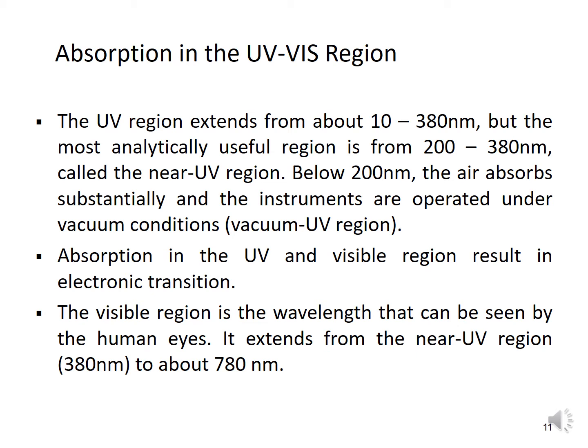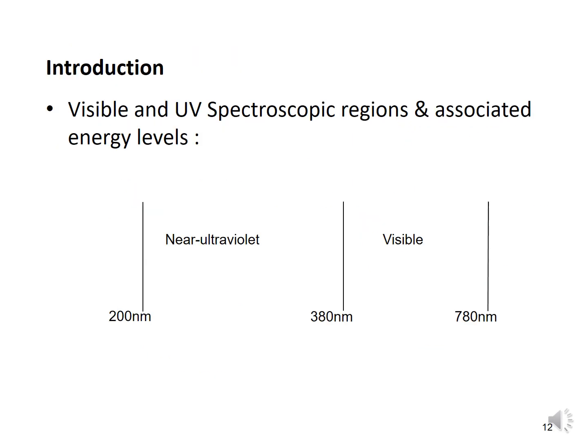We can see colored samples because the solution absorbs and emits a variety of wavelengths, and the visible range is between 380 nanometers and 780 nanometers. So these are the regions for ultraviolet, near ultraviolet, and visible range.